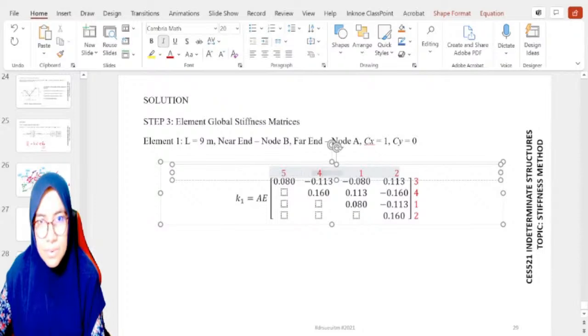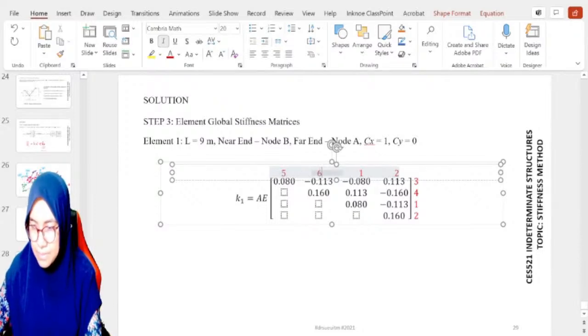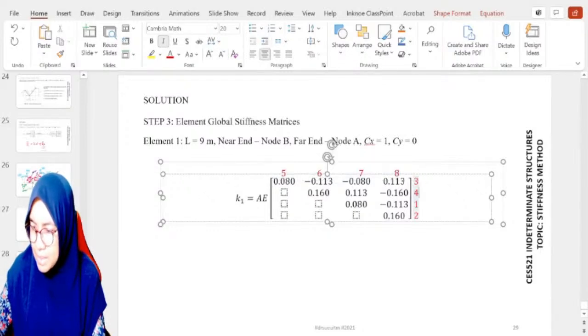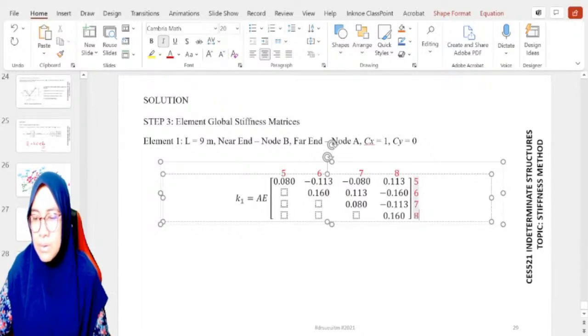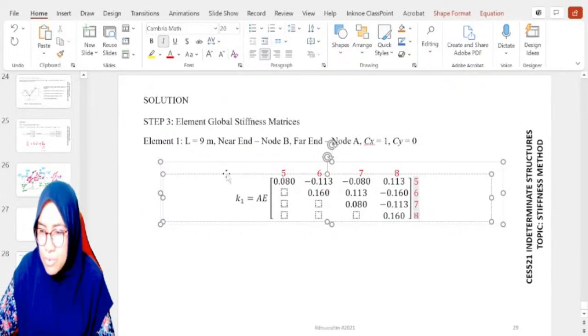The degree of freedom label is important. It is 5, 6, 7, and 8.